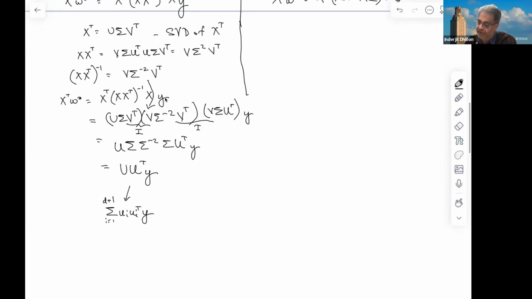And this is the orthogonal projection onto the range space of X.